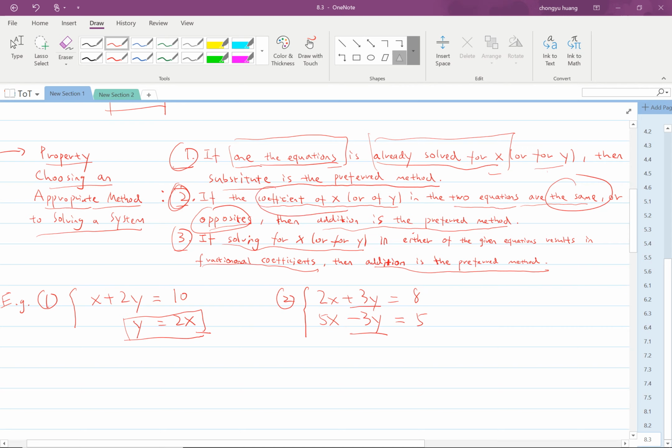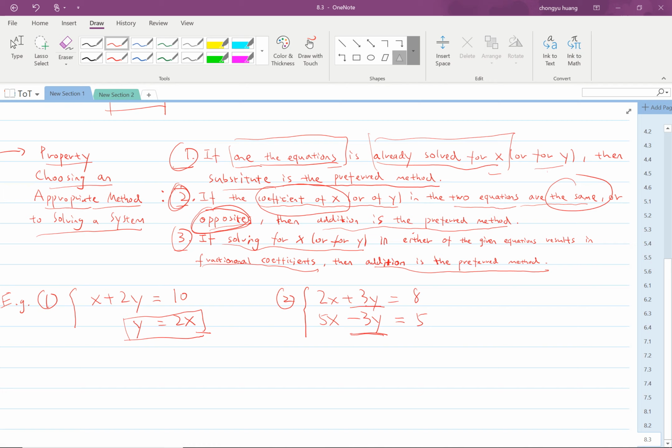The coefficient of the y is the same in size, but one is positive and one is negative, so it's opposite. Statement 2 says the coefficient is going to be the same or opposite. Over here, the coefficient for y is opposite, so the addition method will be the preferred method.